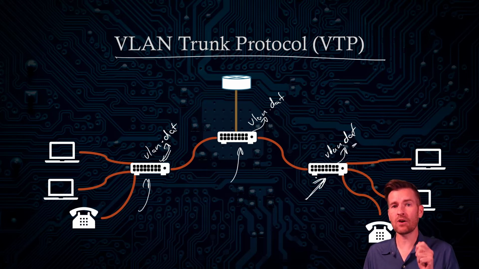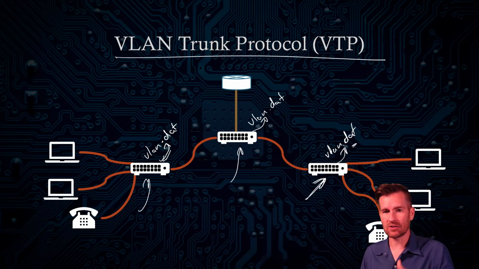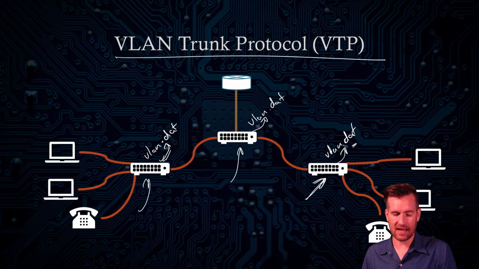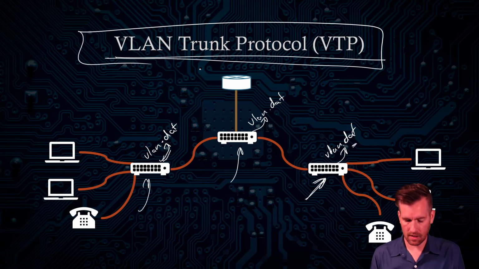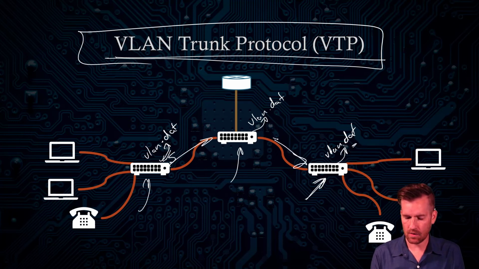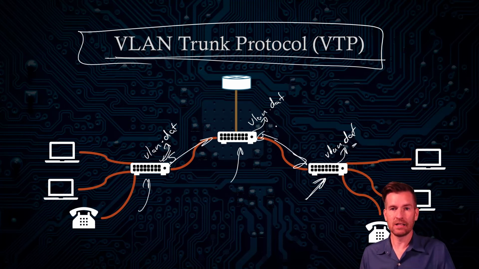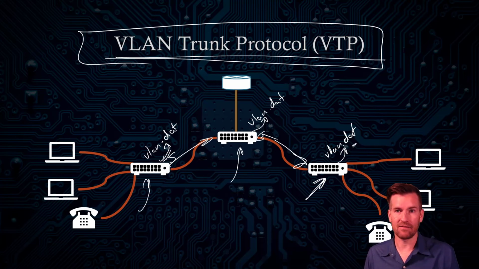And then rather than going to each switch and entering the commands to set up the VLANs on there, instead you would go to each of those switches and program it for this VLAN Trunk Protocol, and then these switches would talk back and forth and say, hey, what VLANs do you have? And then it would pass that information on, so that way all of your devices are operating off the same set of instructions.